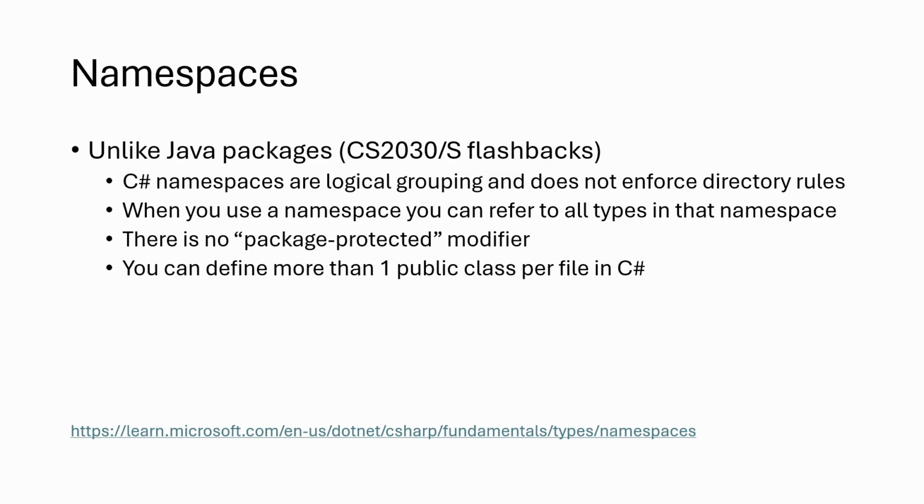So it is possible to define several classes that are potentially just helper classes for a particular functionality in the same file, and you can still make them public. Unlike Java, which enforces one public class per file, and other classes that you write in the same file must be either package protected or private.